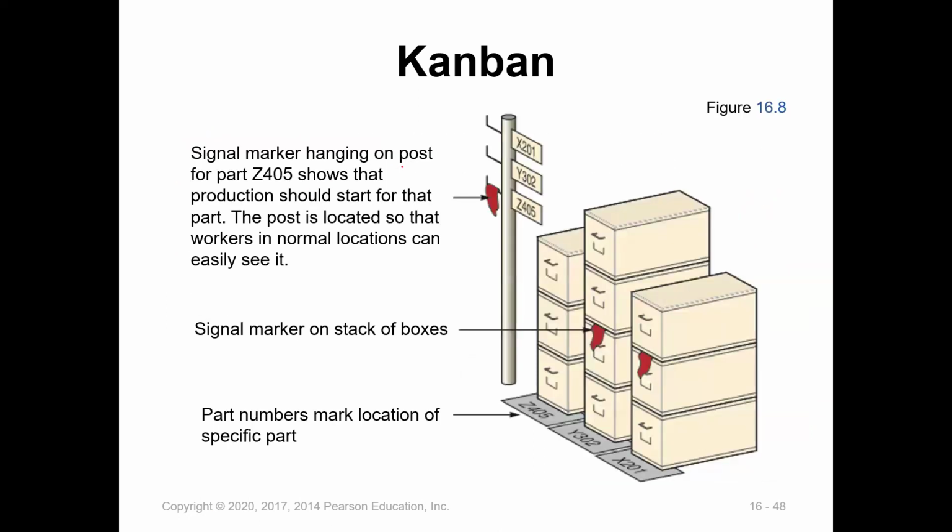A signal marker hanging on a post. For example, here you see one for a part. The workers who use this material use flags like this. I don't know if any of you have visited manufacturing facilities.